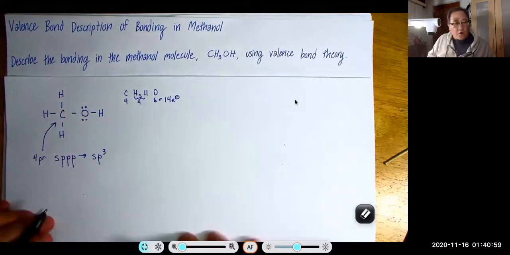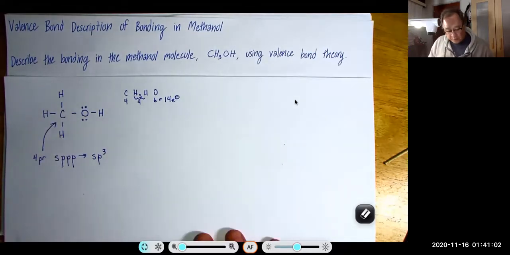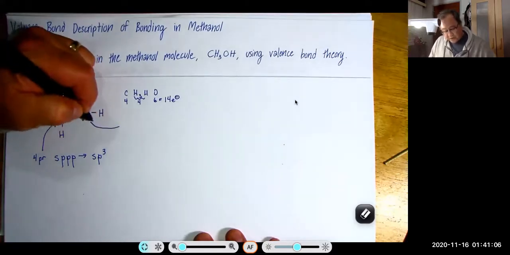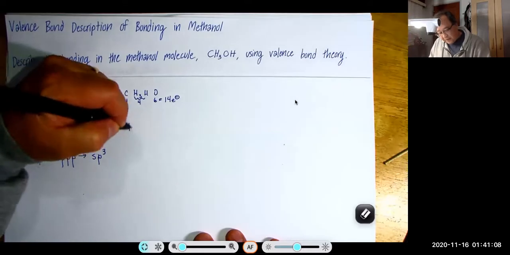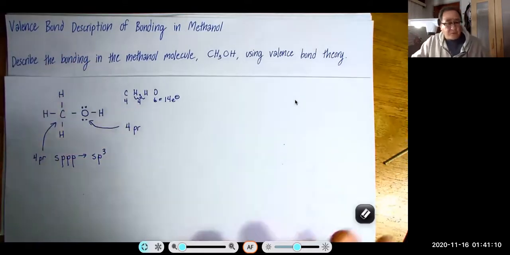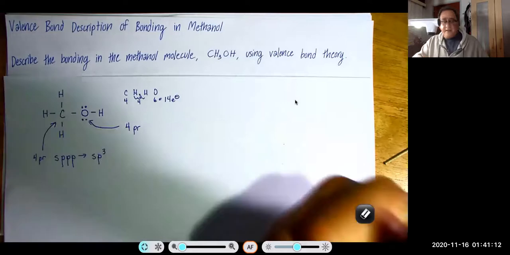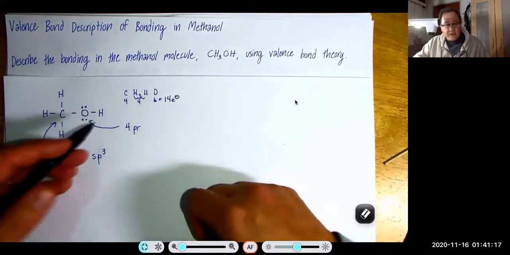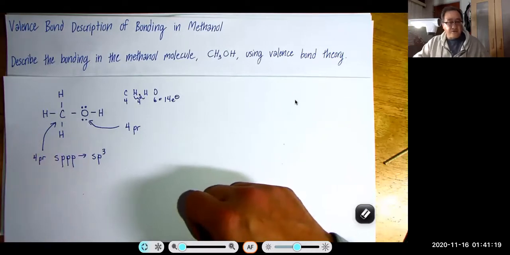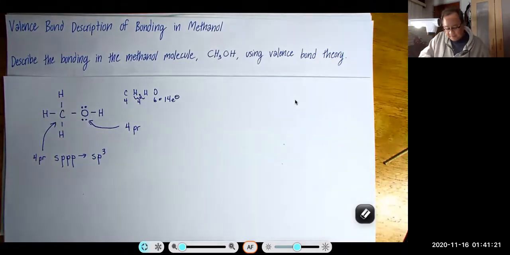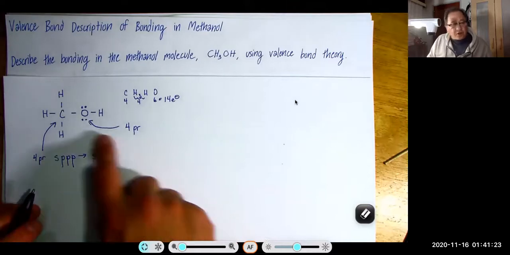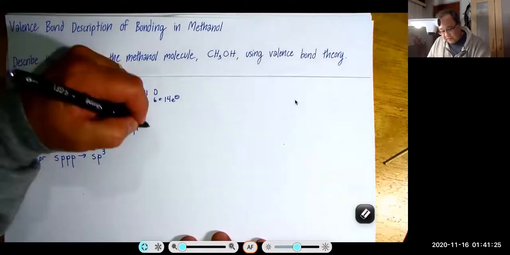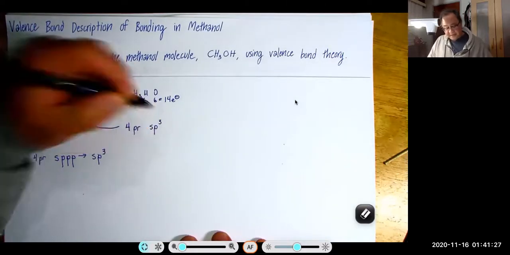So we have 4 sp3 hybrid orbitals on that carbon. What's going on with this oxygen? Well, we also have 4 pairs. Remember, just like for VSEPR, a pair can be a double bond, a triple bond, a single bond, or a lone pair. They each count as a pair. So, that weird definition of pair. So this oxygen also has 4 pairs, so it's also sp3 hybridized.